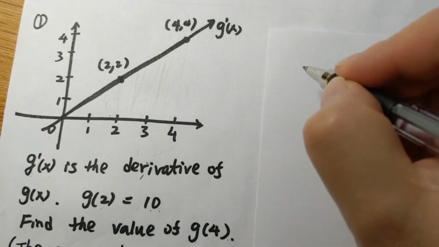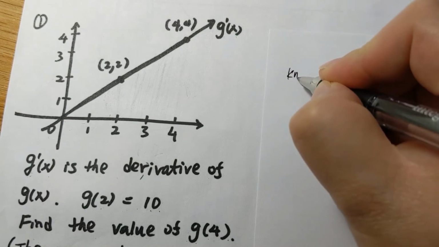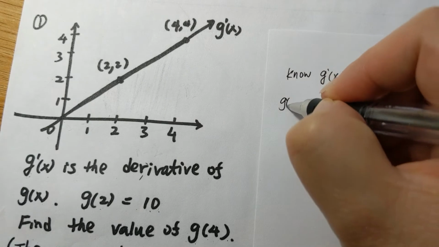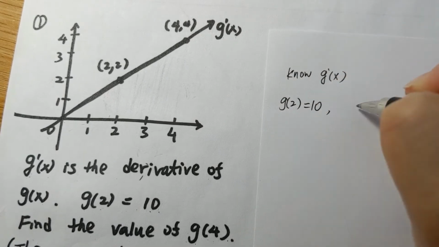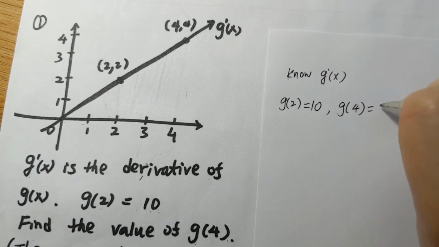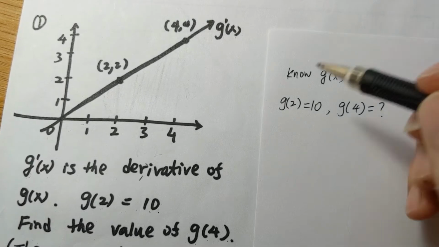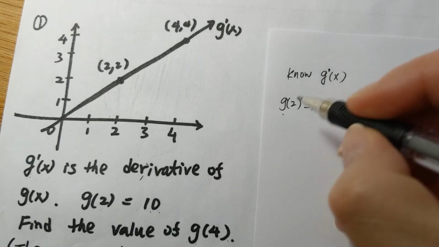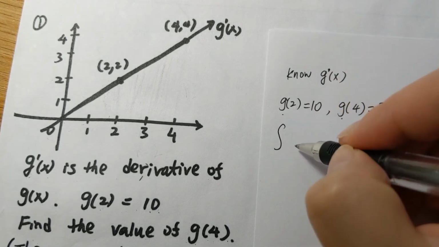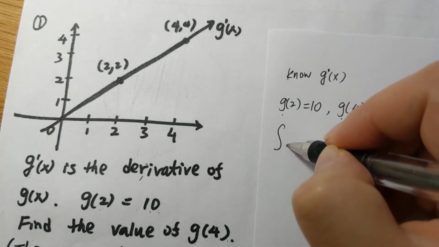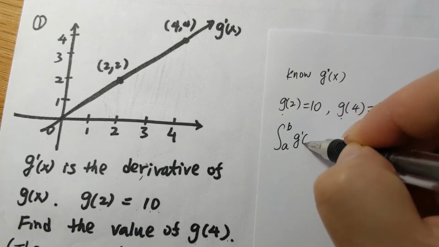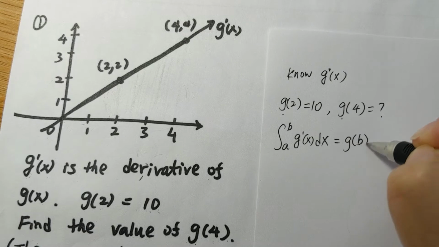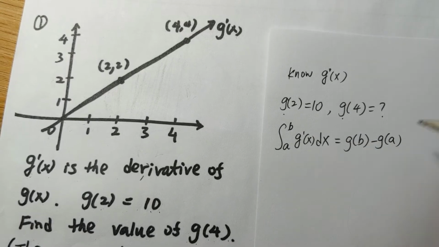So let's list the information. We know the graph of g prime of x, and we know g of 2 equals 10, and we need to find g of 4. g is the antiderivative of g prime of x, so we're going to use the FTC. The integral from a to b of g prime of x dx equals g of b minus g of a.